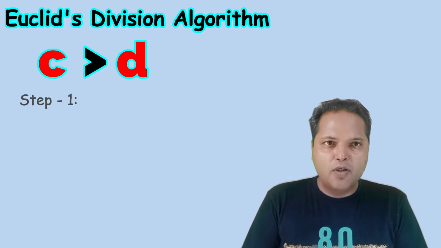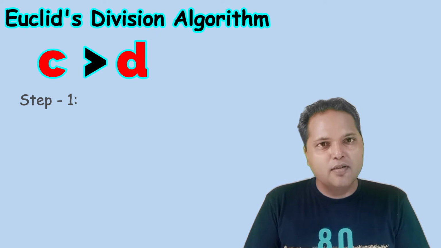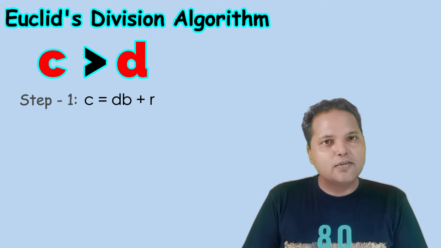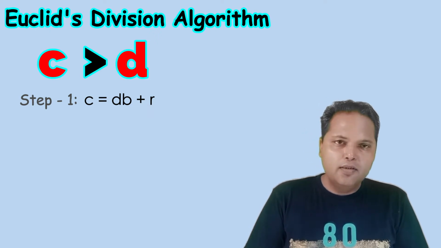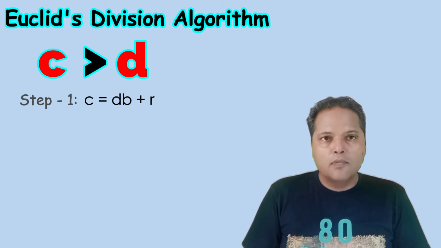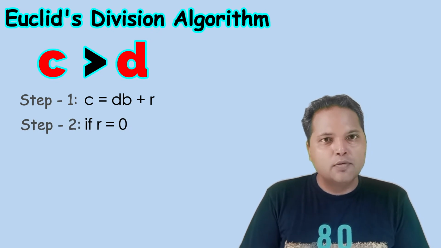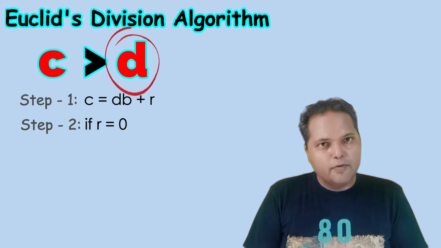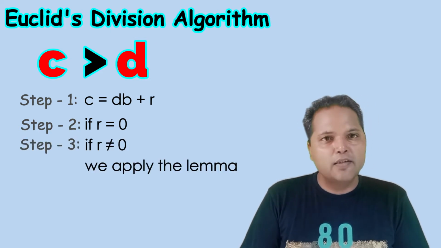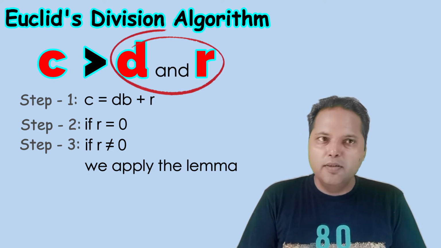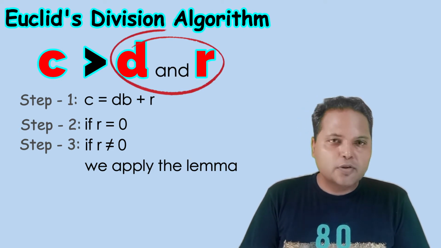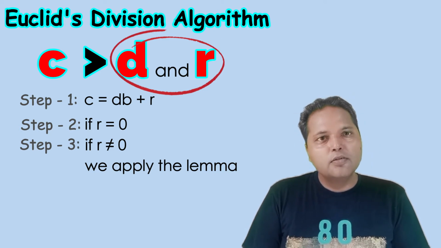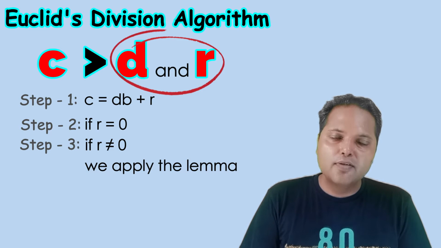Step number one is that we express c in the form of Euclid's division lemma, and that is c is equal to dq plus r. And if r is equal to 0, then d is the HCF of c. And if r is not equal to 0, then we'll apply the lemma again, and we'll continue the process till we get the value of r equal to 0. And at that stage, the divisor will be the HCF of c and d.